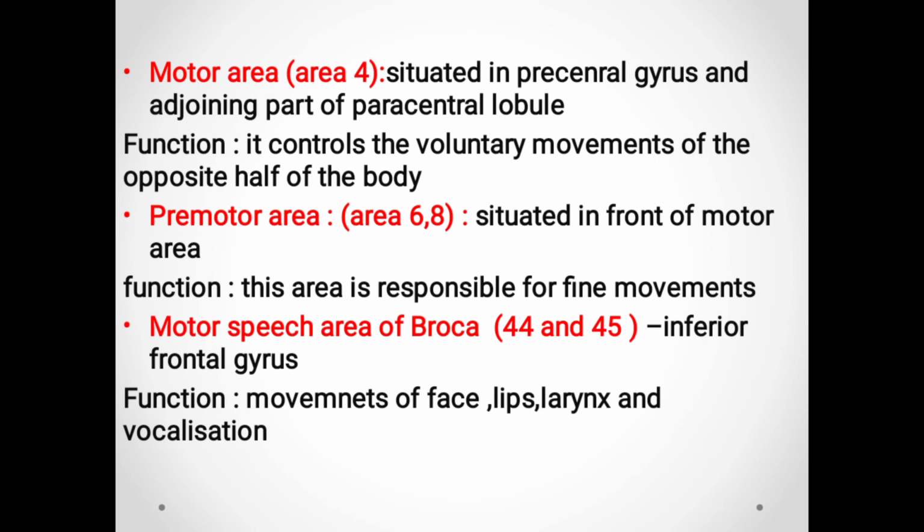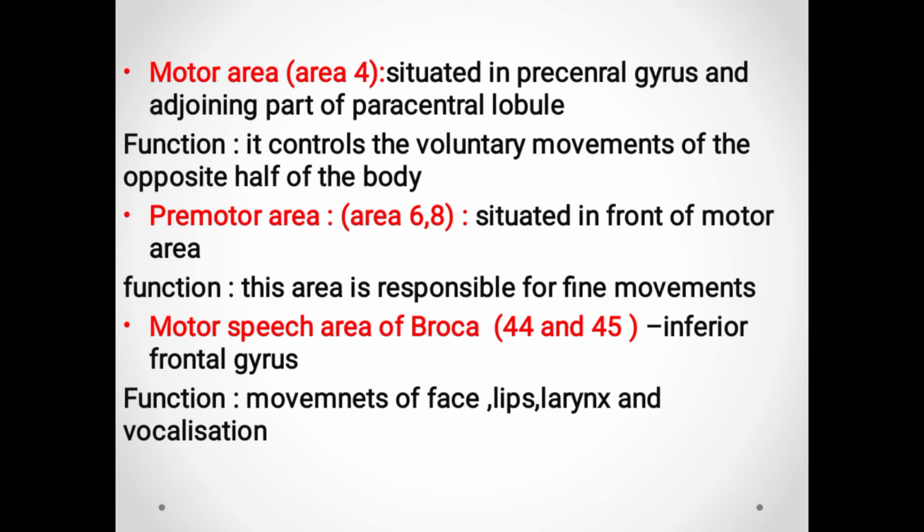So you can see here, first one, motor area, area number 4, situated in the precentral gyrus and adjoining part of the paracentral lobule. What is the function of it? It is a motor area. So you know the corticospinal tract. Function: it controls the voluntary movements of the opposite side of the body.